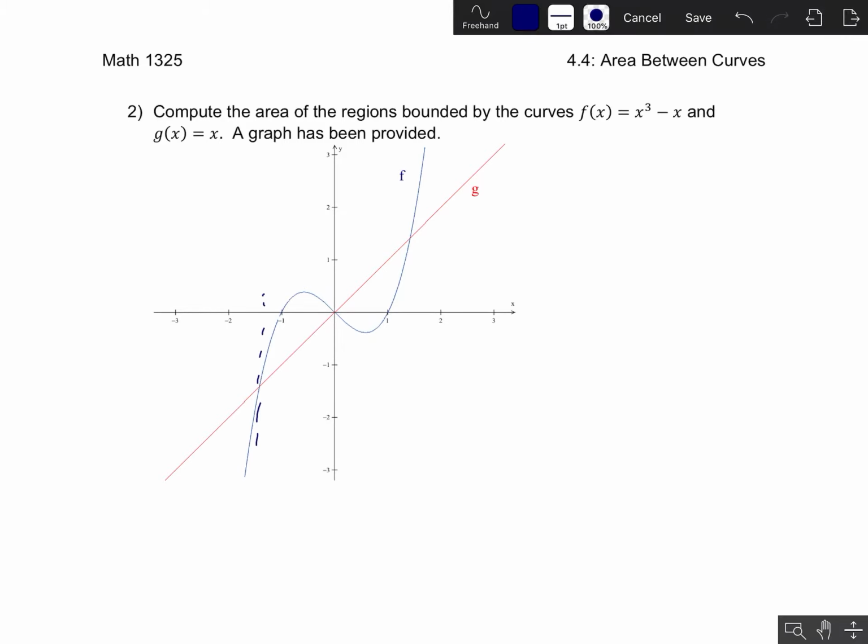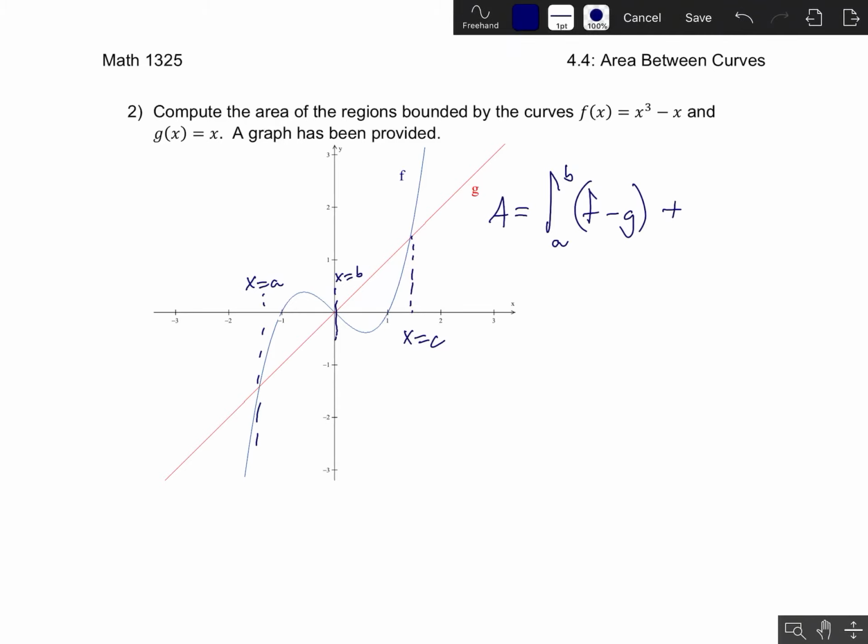So maybe let's call this first x value x equals a, and then I'll call this x equals b, and then I'll call this x point x equals c. So notice that between a and b, f is the bigger function. So that means that if we want to compute this area, we would integrate from a to b, and we would integrate f minus g, because there f is the upper function.